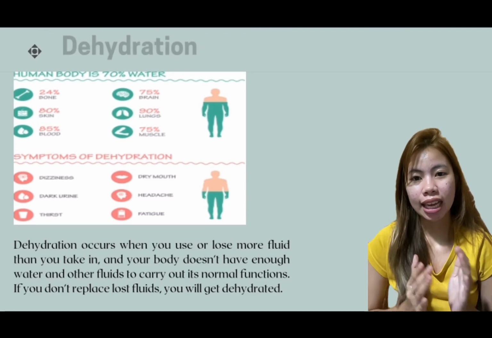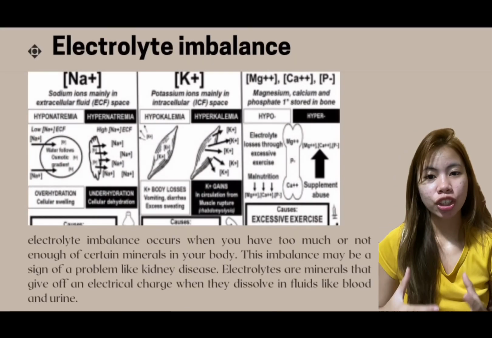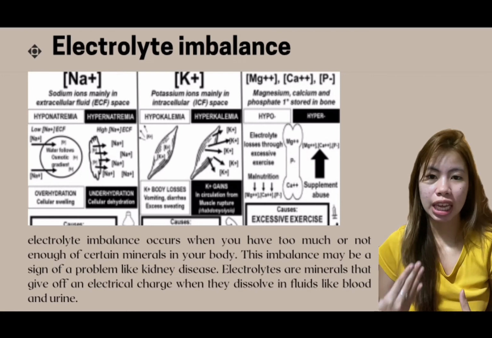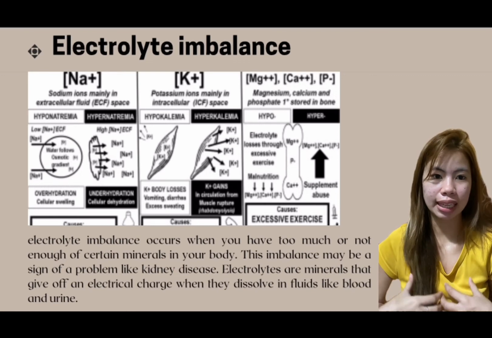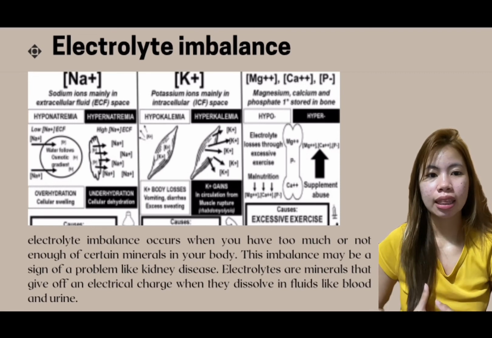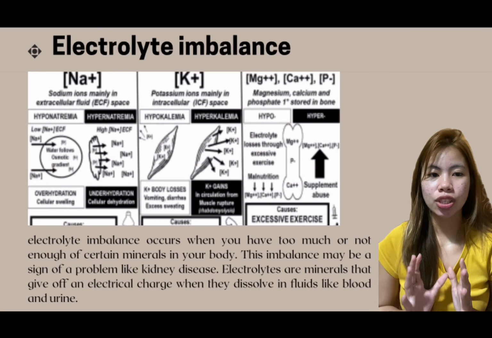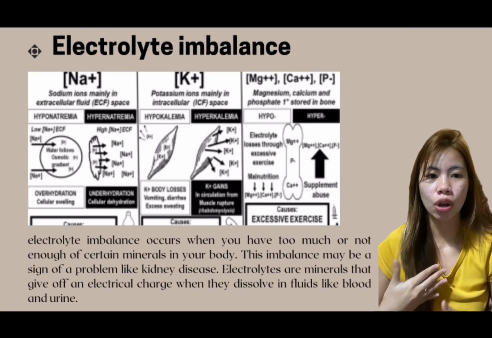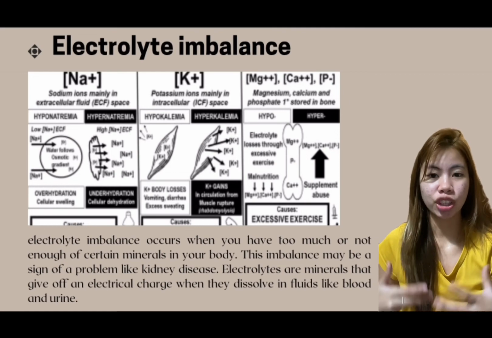And then electrolyte imbalance. Electrolyte imbalance occurs when you have too much or not enough of certain minerals in your body. This imbalance may be a sign of a problem like kidney disease. Electrolytes are minerals that give off an electrical charge when they dissolve in fluids like blood and urine.